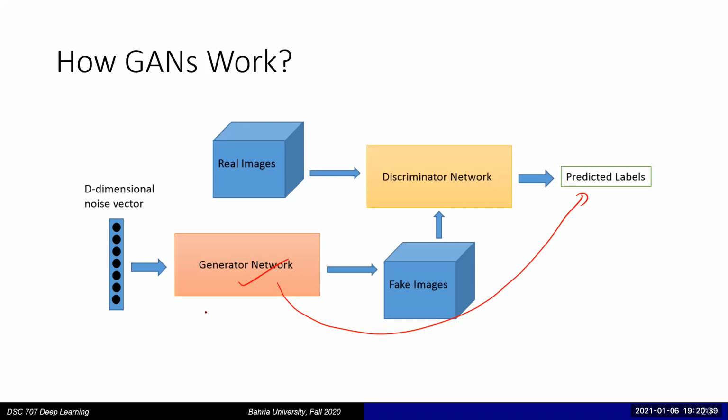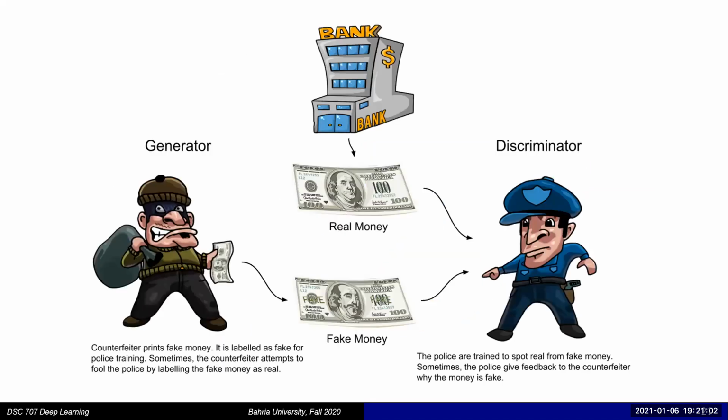For example, if the generator produced 10 images, it can say, okay, 6 of these were detected by the discriminator as fake, but 4 of the images which were produced were able to fool the discriminator, right? It has this knowledge because the generator can actually see the labels predicted by the discriminator. Okay, so again, a hypothetical example.